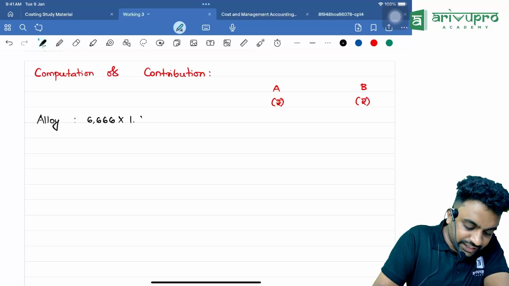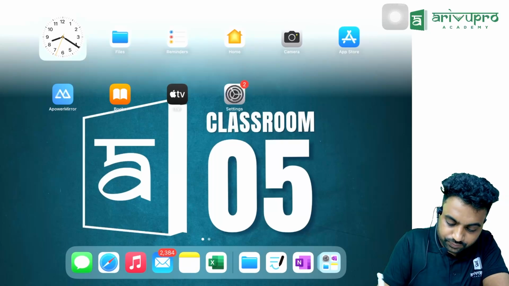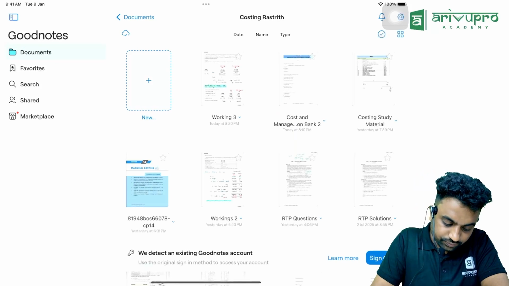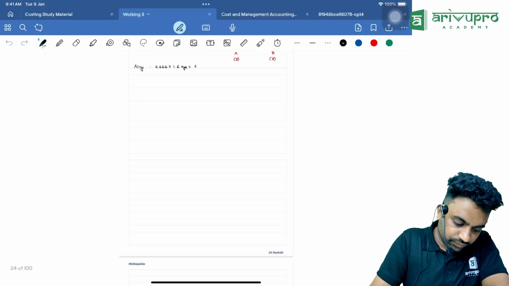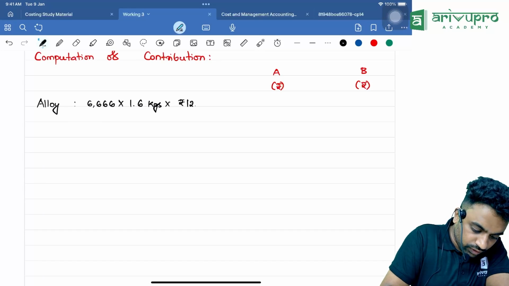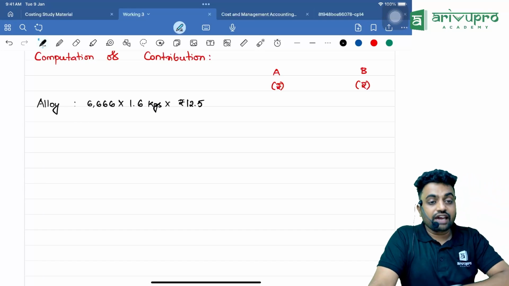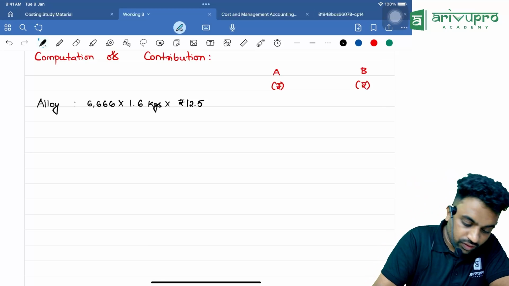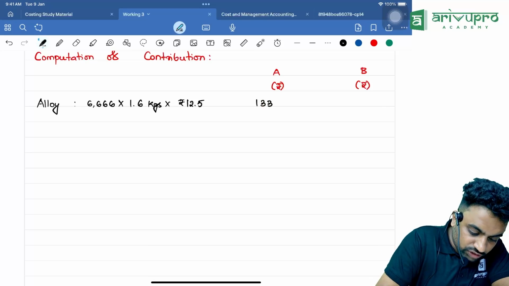6,666. Each unit will use 1.6 kgs of alloy, and each kg of alloy will cost you how much? 12.5. So A will be 1,33,320.